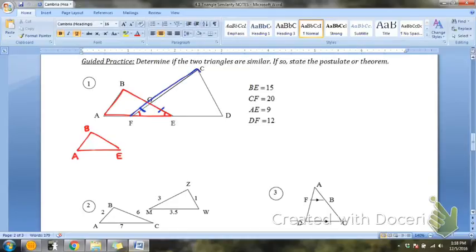And then I'm going to draw the big one, FCD. But I know that the little corners E and F need to be marked congruent to each other. So this is going to be marked congruent to this one.